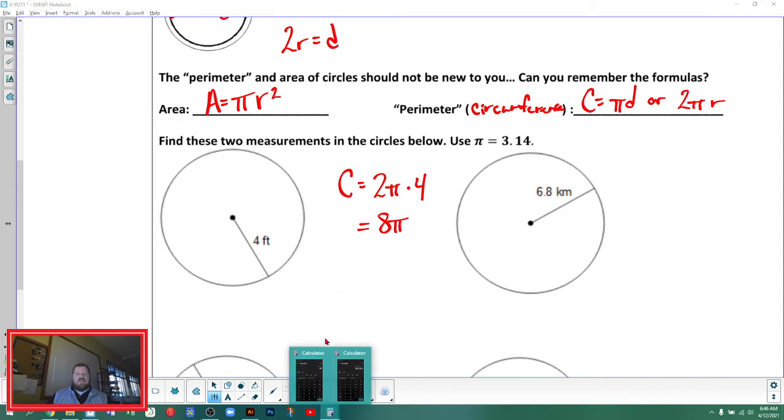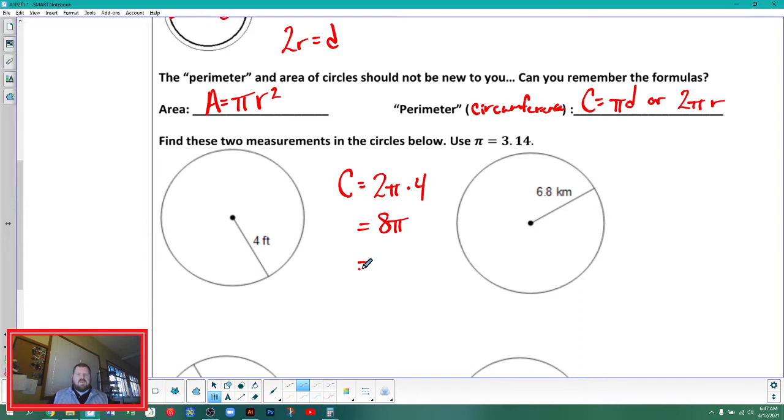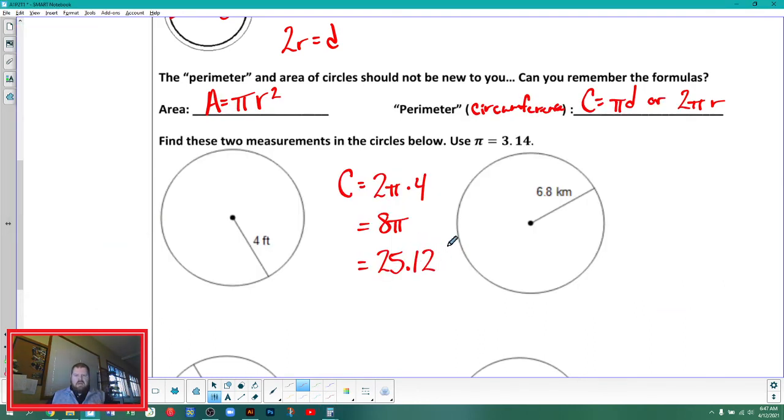This tells us to use 3.14 for pi. Even most calculators now have a button for pi, like mine's right here, but it told me to use 3.14. So I think it was 25.12. Yeah. And those would be linear feet.